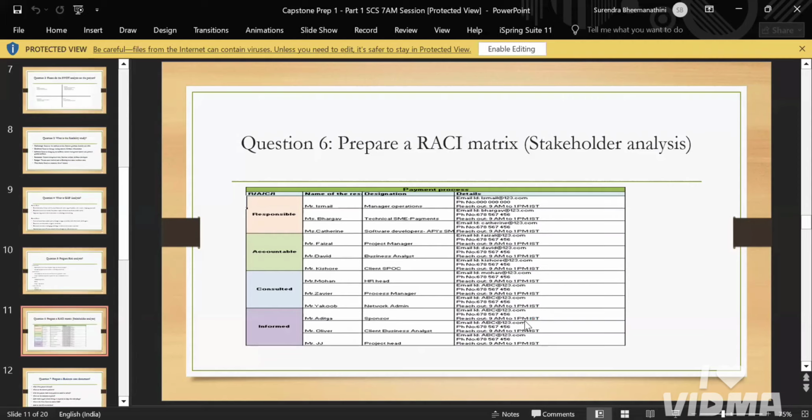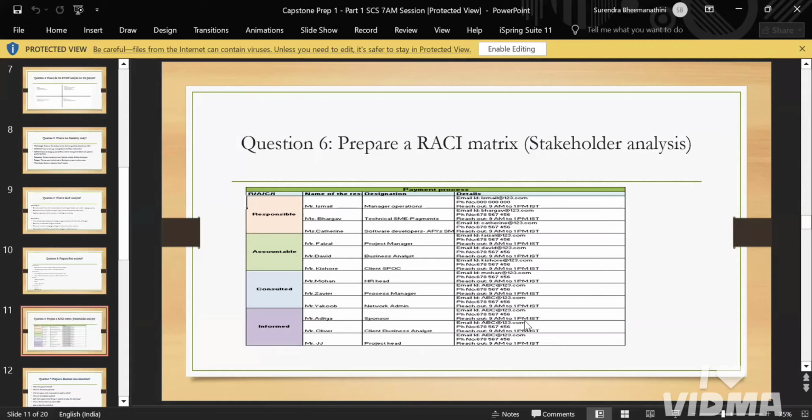At every stage we will have one responsible, one accountable, one consulted and one informed. So you need to write down who is responsible, accountable, consulted and informed in this project based on the case study.